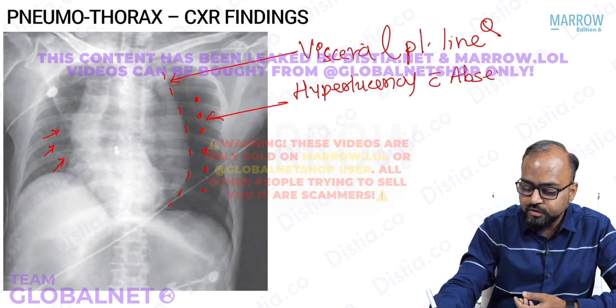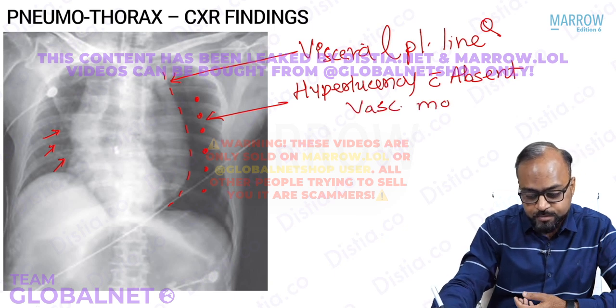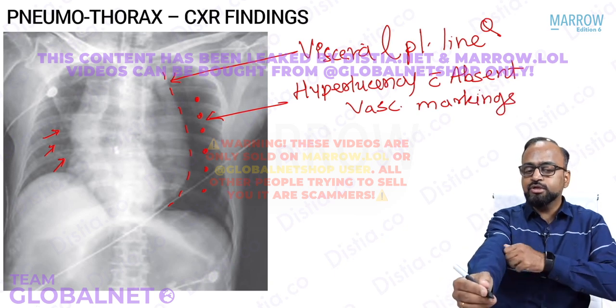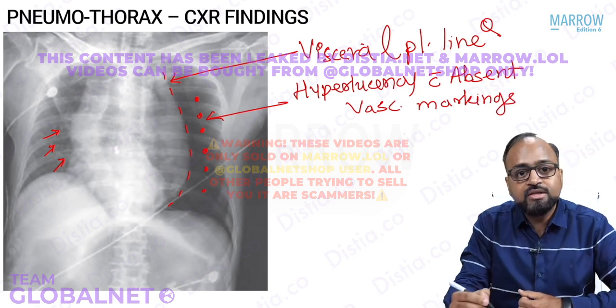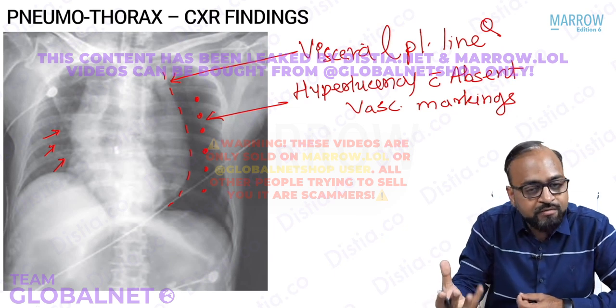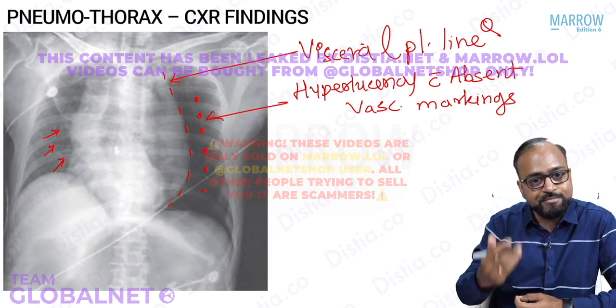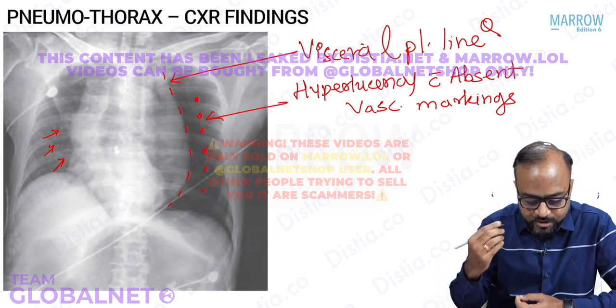So hyperlucency with absent vascular markings. This is important because a normal lung can also sometimes appear lucent or black, but inside a normal lung you will always see some vascular markings. But in a pneumothorax, in the pleural cavity, there are no blood vessels, so there will always be hyperlucency along with absence of vascular markings.